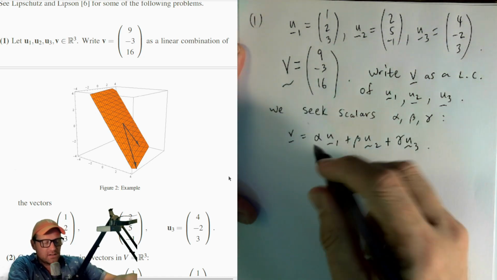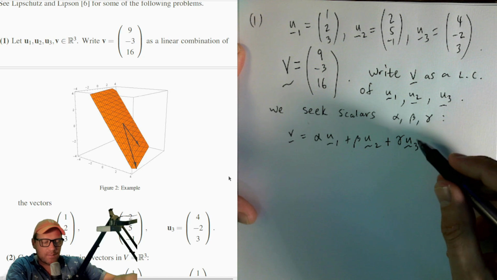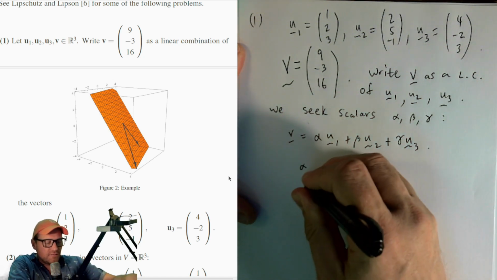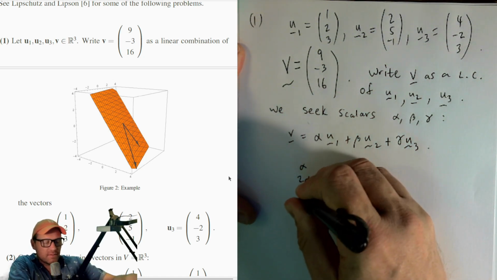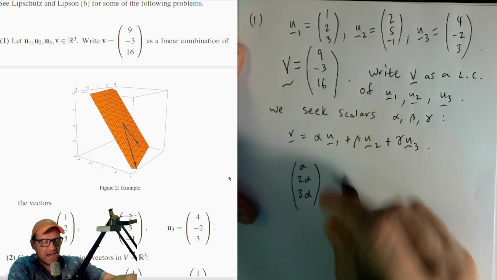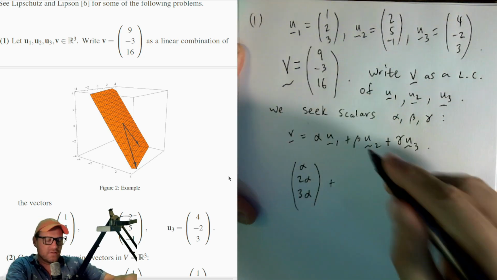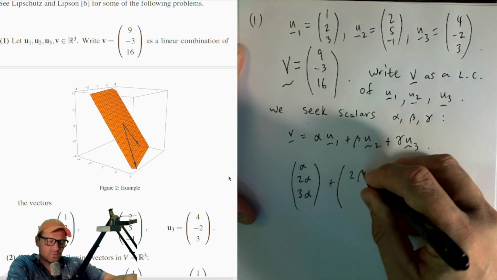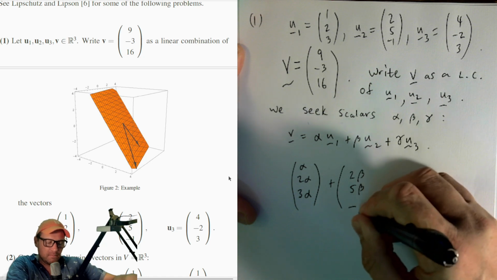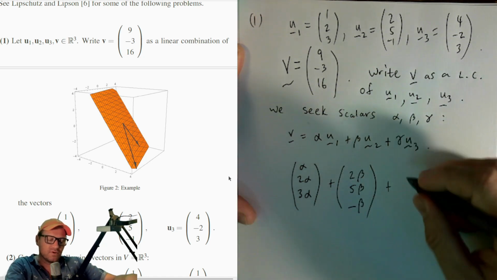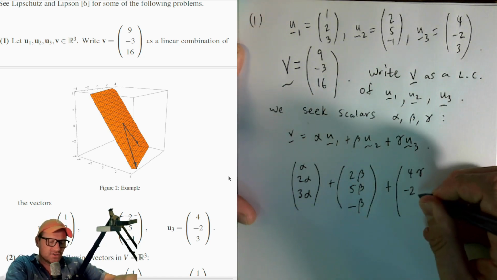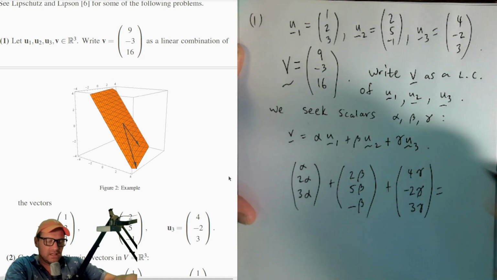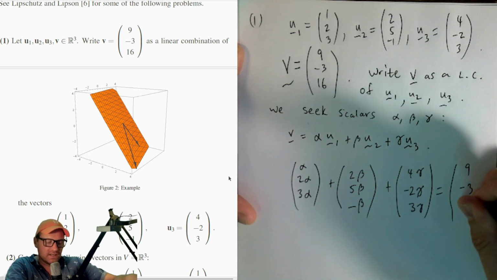So alpha u1 plus beta u2 plus gamma u3 is (alpha, 2 alpha, 3 alpha) plus beta times u2, (2 beta, 5 beta, minus beta), plus gamma times u3, (4 gamma, minus 2 gamma, 3 gamma), equal to v, (9, -3, 16).